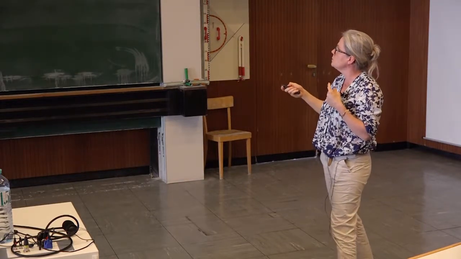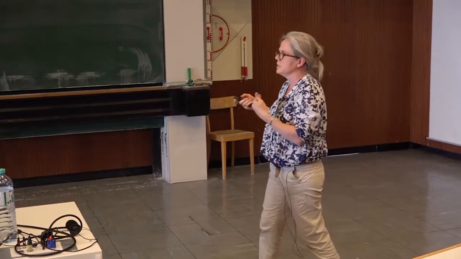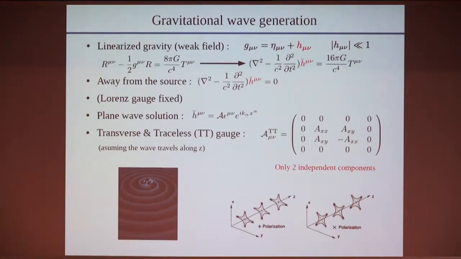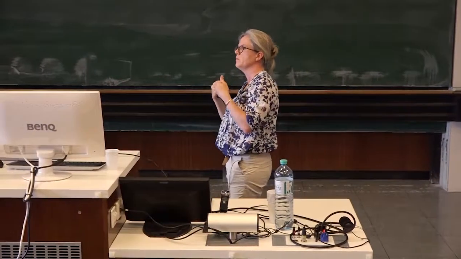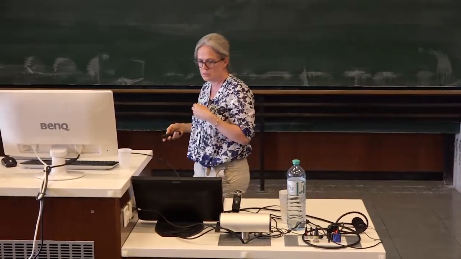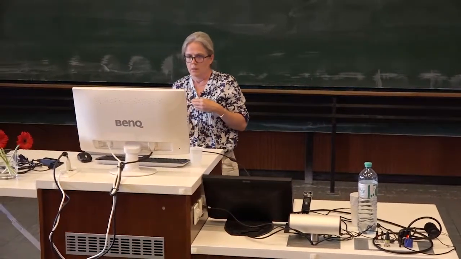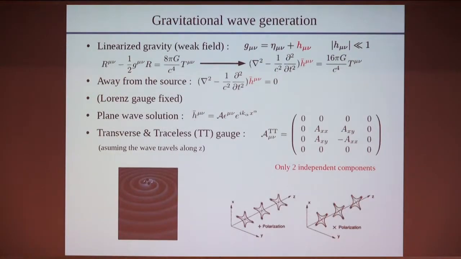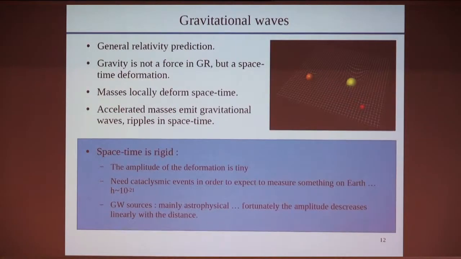through space-time. Don't forget that we are always considering in that case that we are far away from the source. When we detect the wave, we are very far away from the source. So what are gravitational waves? As I was mentioning, it is just a deformation of the metric.